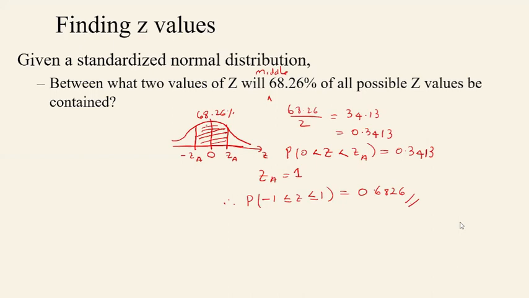So 68.26% of all possible values fall between minus 1 and plus 1, right?